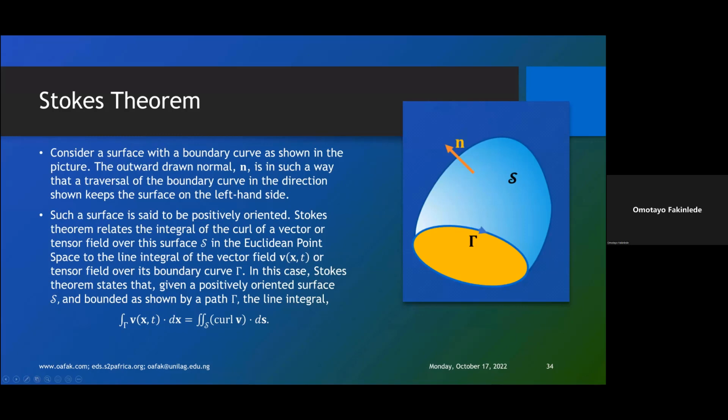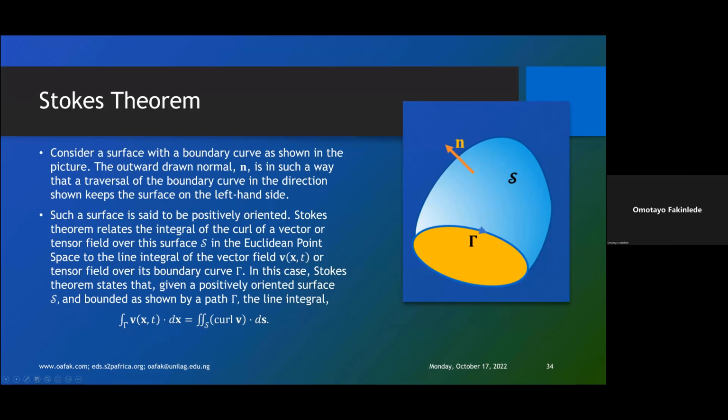It doesn't close. If you perform a line integral along the rim, the answer you get is the same as if you perform a surface integral of the curl of that same vector on the surface.